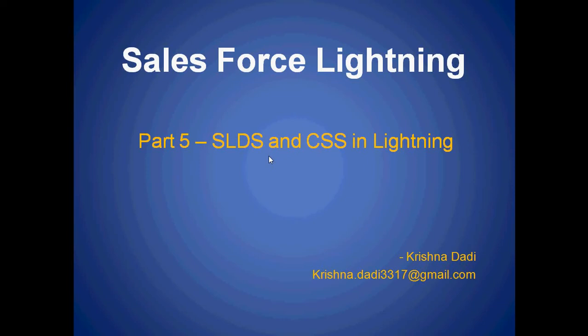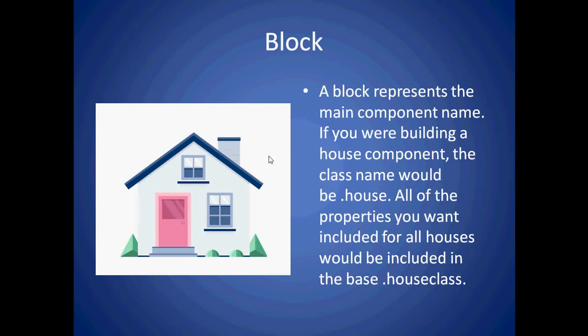So let's get started. In this example, I have taken a house as the example to explain it very clearly. If you want to build any application, you will build little components, and those little components together will become the actual application.